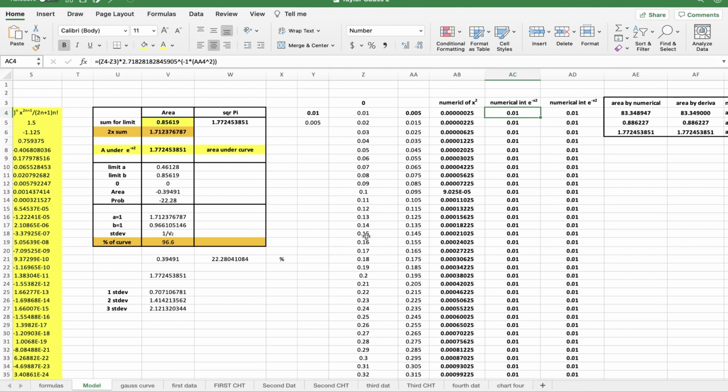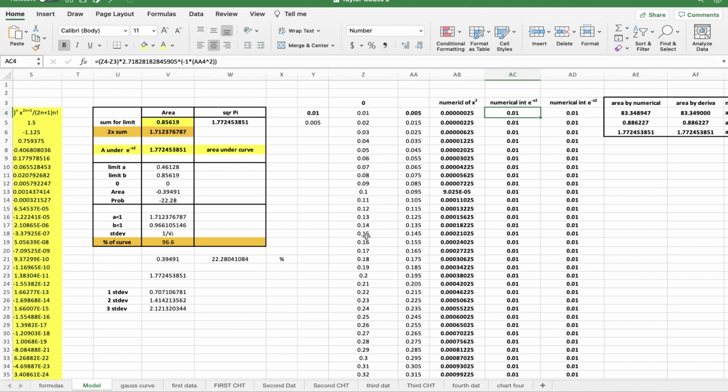I have y equals x squared, and I also have the Gaussian e to the minus x squared, and I used rectangles that were 0.01 in base width, and then taking the midpoint between 0 and 0.01 as the height of y to the x squared.